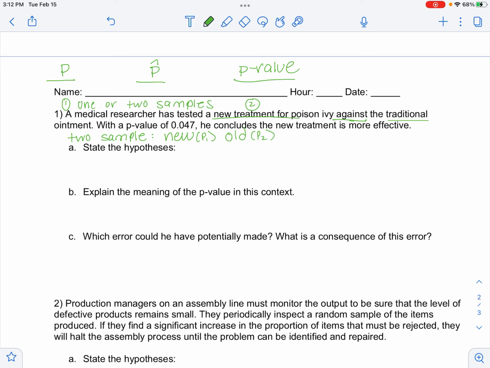P-value is not p. So when I go to write my hypotheses, because this is a two-sample test, my null hypothesis is always the same, and that is that P1 minus P2 equals 0. Essentially, we're saying that P1 is equal to P2. So there's no difference between the two ointments.